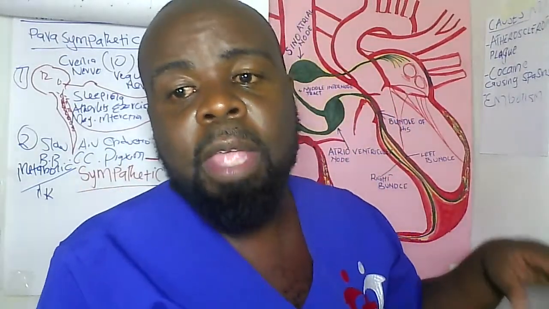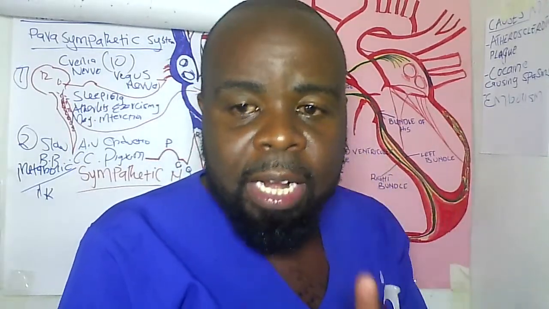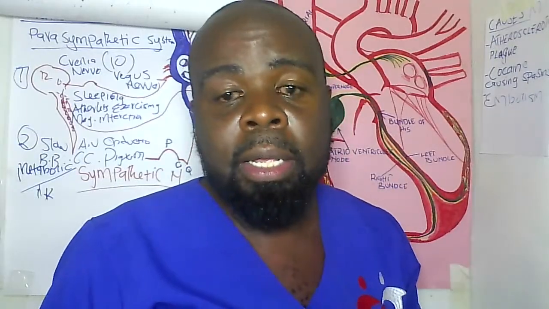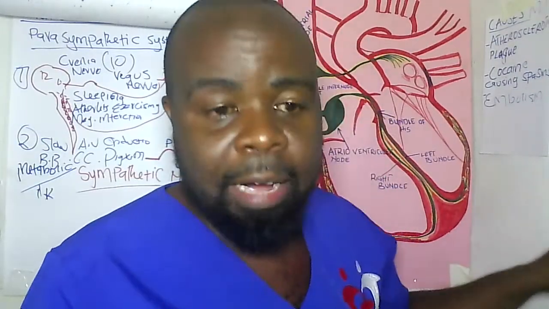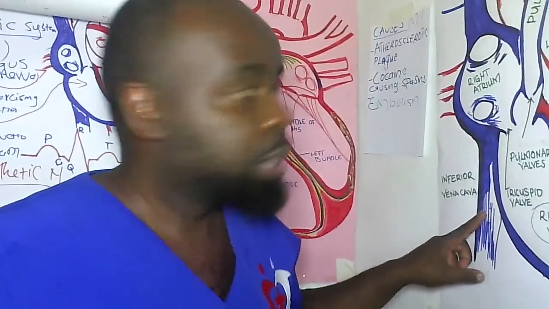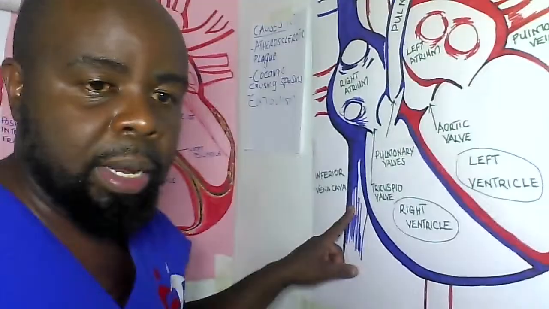Oxygenated blood from the umbilical vein goes to the liver of the child and through the vena cava. You remember the vena cava? This one. Which one do I use? Let me use this one.